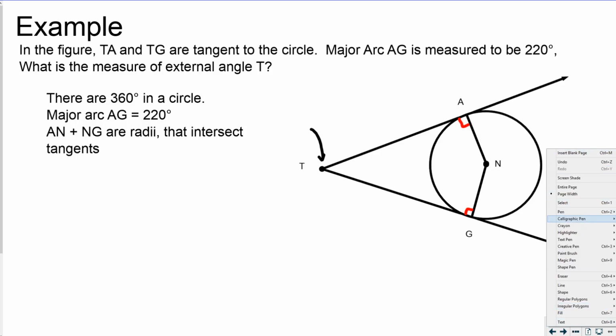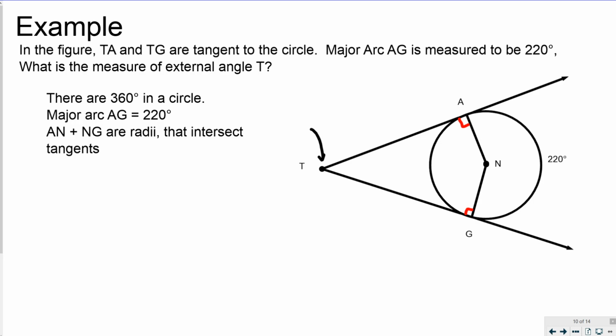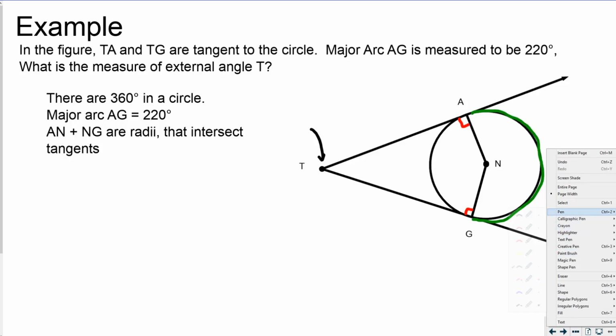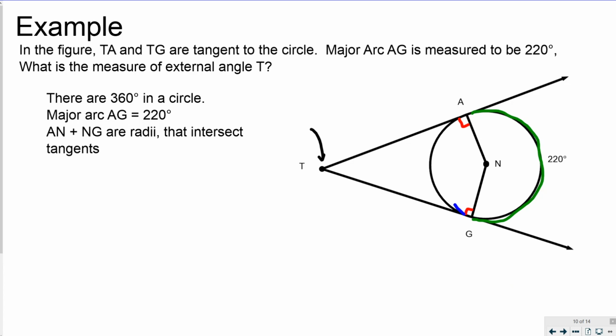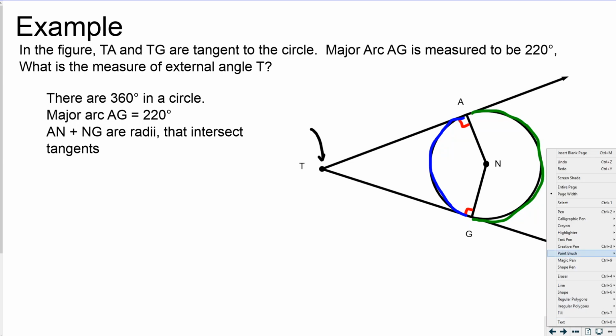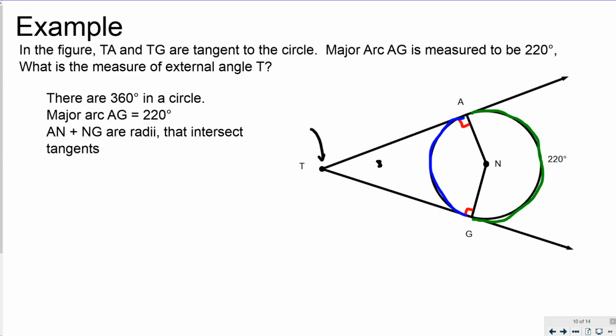So the arc on the inside of the circle here would be 360 take away 220, because the two arcs, A to G and then the long A to G, cover the entire length of the circle.